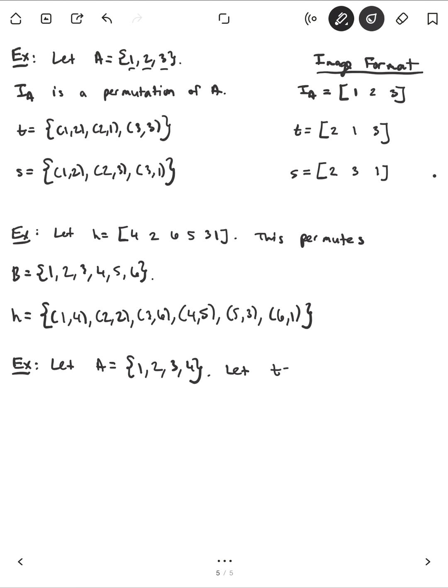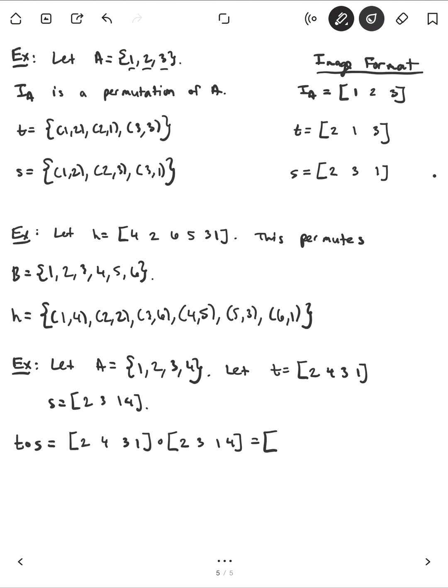Let T equal the permutation 2, 4, 3, 1, and let S be the permutation 2, 3, 1, 4. Now let's compute the composition of T and S, which is going to be 2, 4, 3, 1 composed with 2, 3, 1, 4. And we want to write a bracket notation for it.